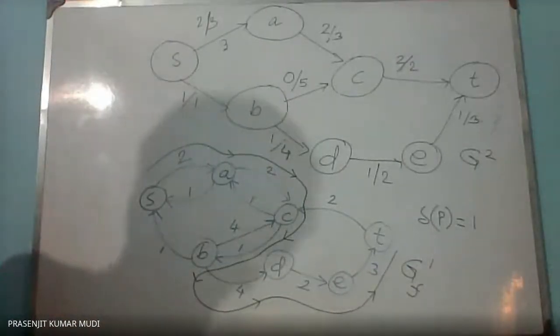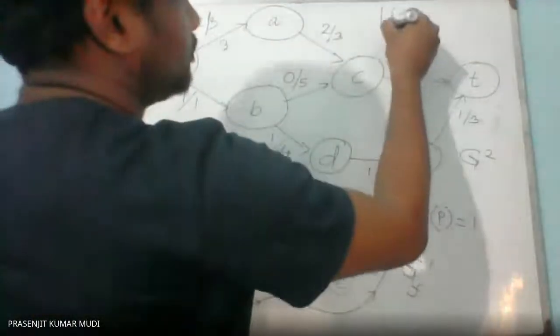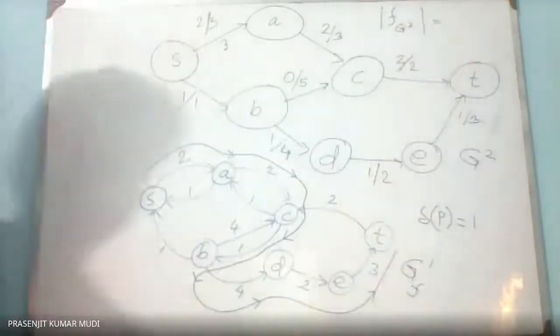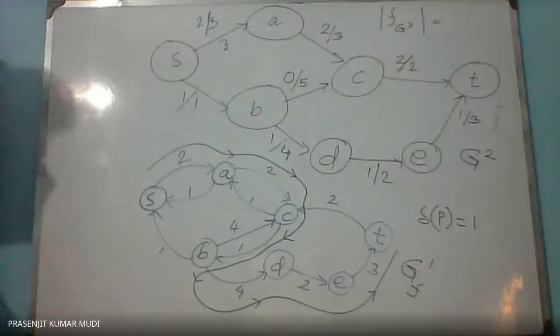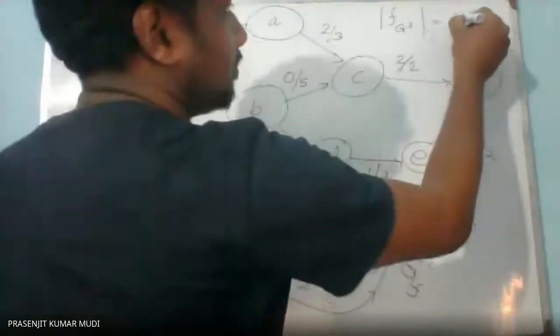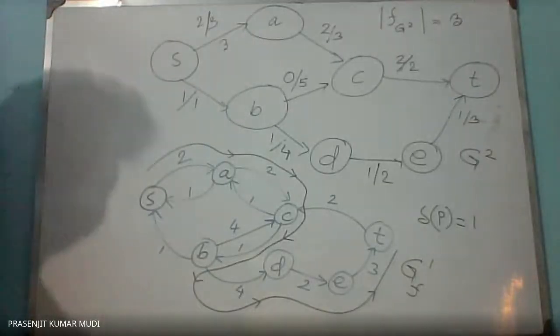Okay, and now what is the flow of this G2? কত হবে? 3, sir. Yes. তো সবার আগে এক ছিল, তারপর 2 হলো, এখন 3। ঠিক আছে?